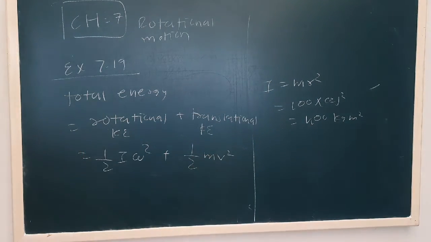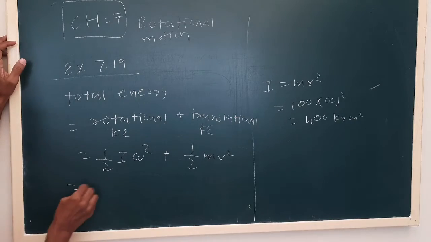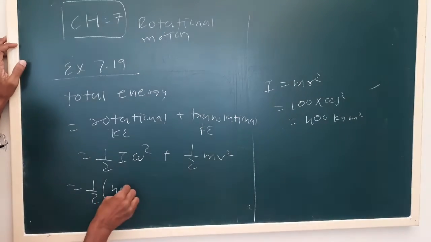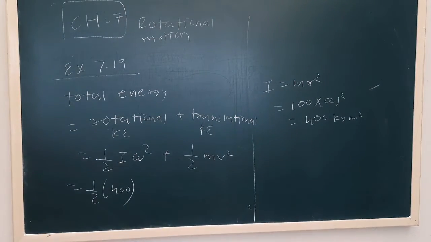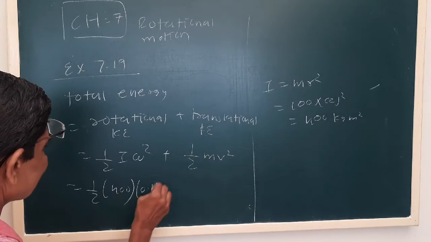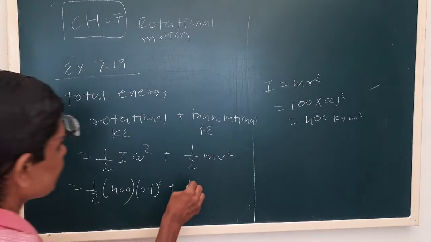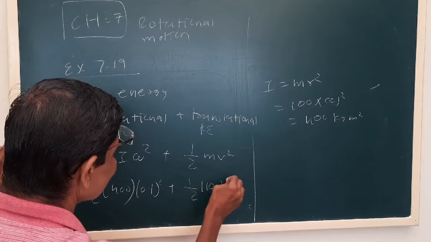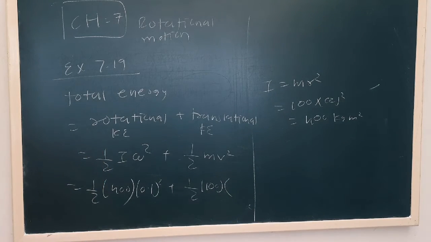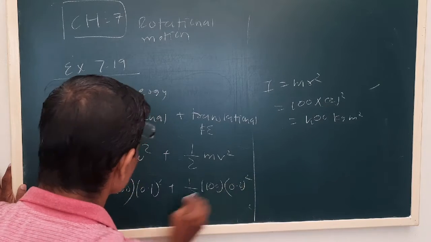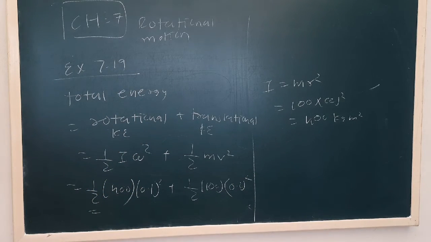Now all values are known to us. See, I we have obtained as 400, omega we derived as 0.1. Now the mass is 100, and velocity was given to us as 20 centimeter, that is 0.2. Now if we solve this, it turns out to be 4 joule.